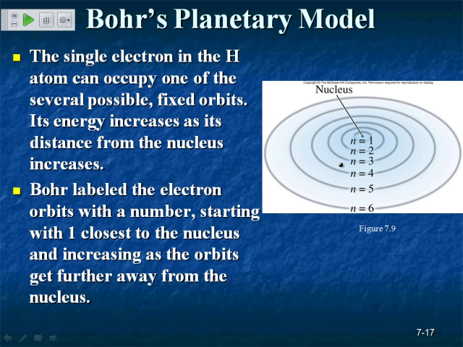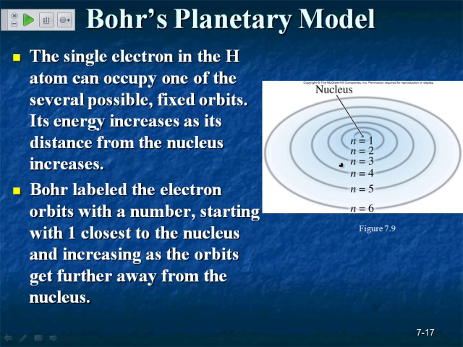The next one is 2, next one is 3, 4, 5, 6, like that. The one closer to the nucleus is the lowest in energy, and as you go away from the nucleus, the orbits increase in energy. So one is the lowest, and which one would have the highest energy? Number 6. Yes, that is how it is arranged.